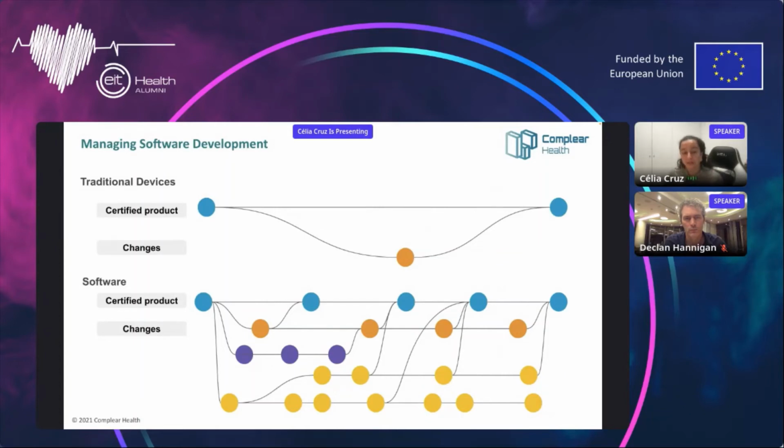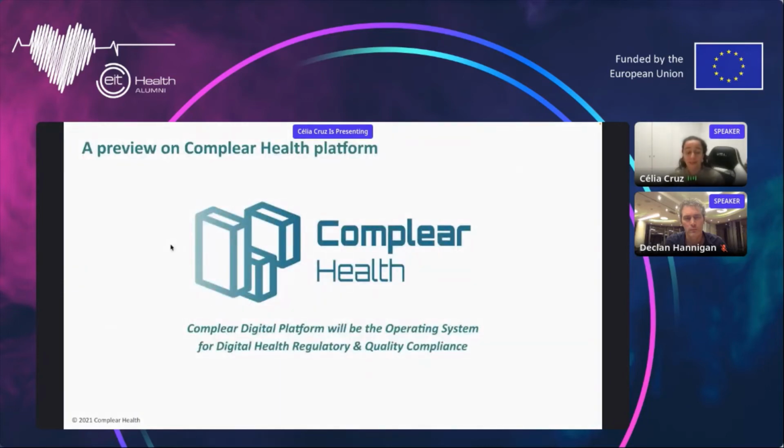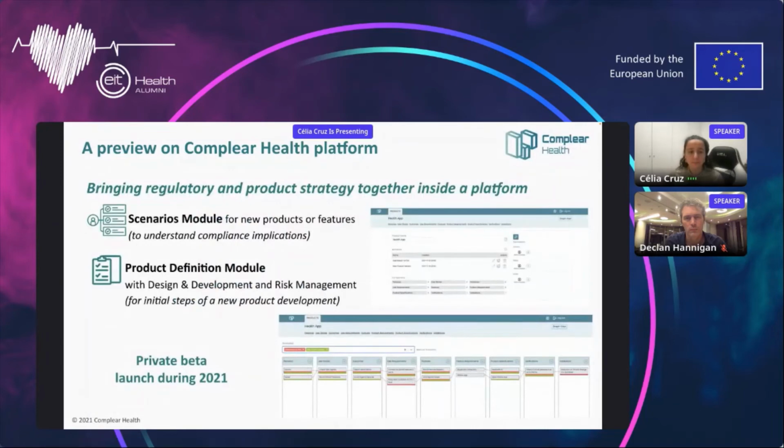As medical device consultants ourselves, focused on digital health, we know that software is different. Software product features are constantly changing, with several versions being developed to be launched today, tomorrow, in 6 months, or some even never. And we are building Complear to be the operating system for digital health regulatory and quality compliance.